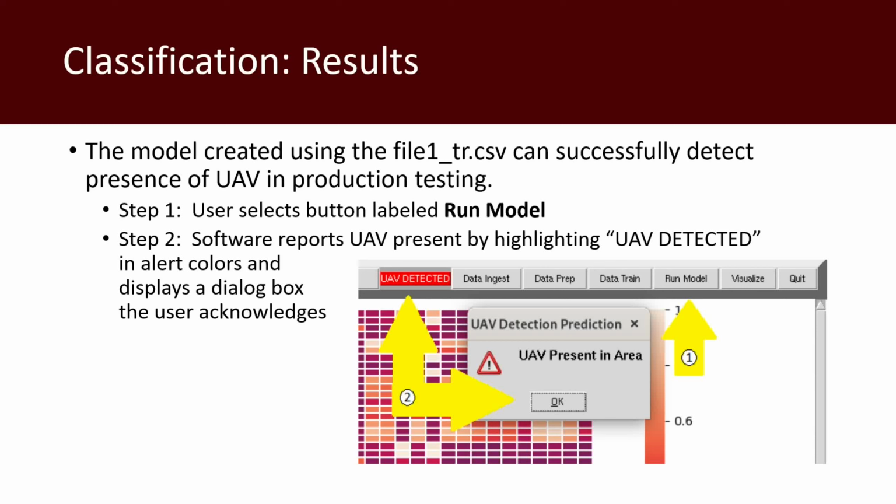The second step is when the tool actually determines an instance has a UAV, and it will report by labeling the UAV detected label red, and it'll present a dialog box alerting the user there's a UAV in the area. At this point, the user has to use a mouse to acknowledge it and dismiss it.